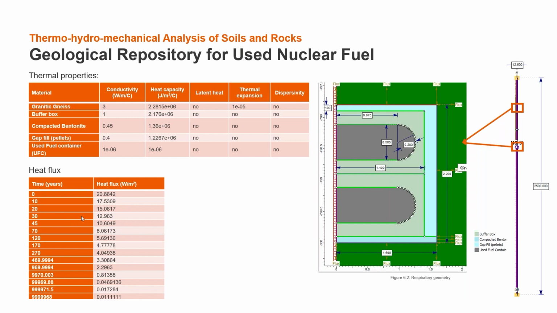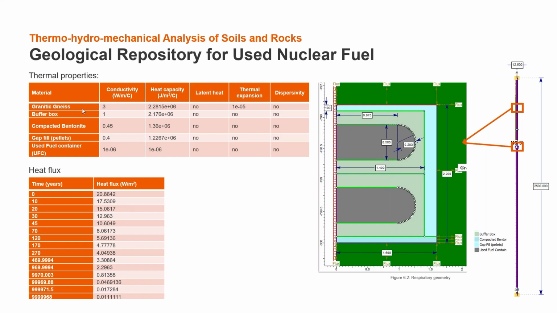Also please note that the used fuel cells are only placed after 30 years, so the value of the heat flux at 30 years will be used for the installation stage. Those values were all calculated from the Mark II used fuel heat generation source term.